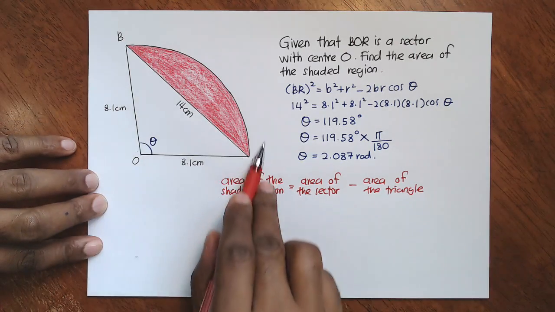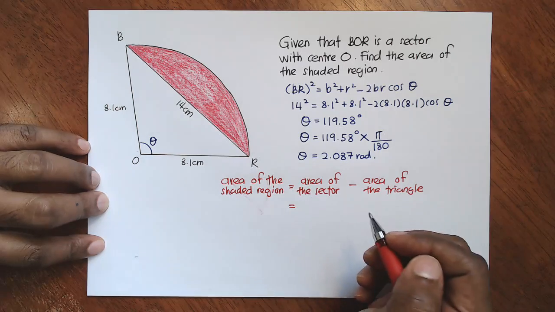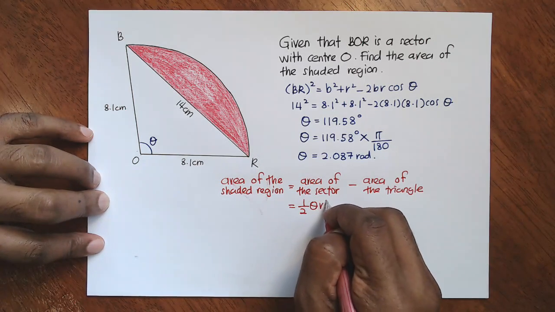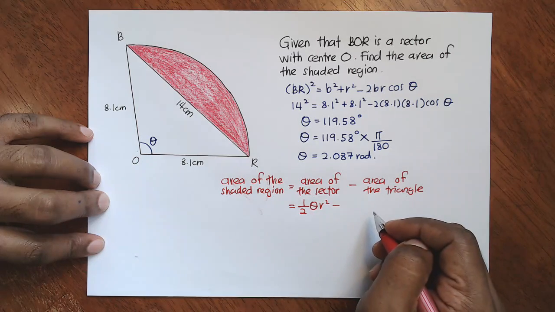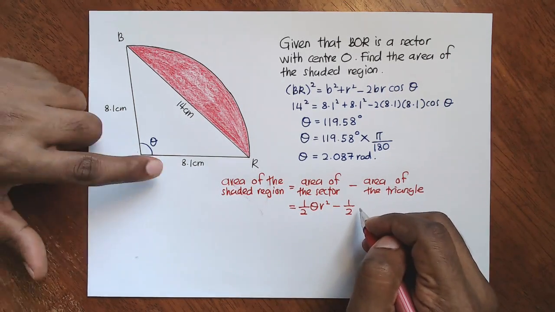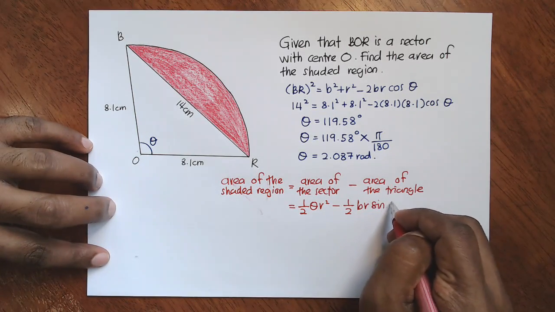So the area of the sector will be 1 over 2 theta r squared, minus the area of the triangle, which will be 1 over 2 times b times r times sine theta.